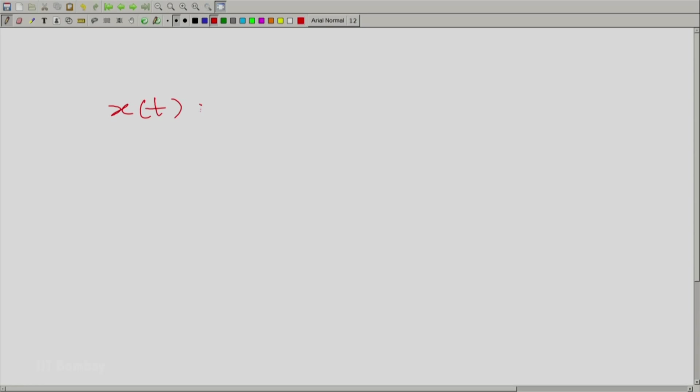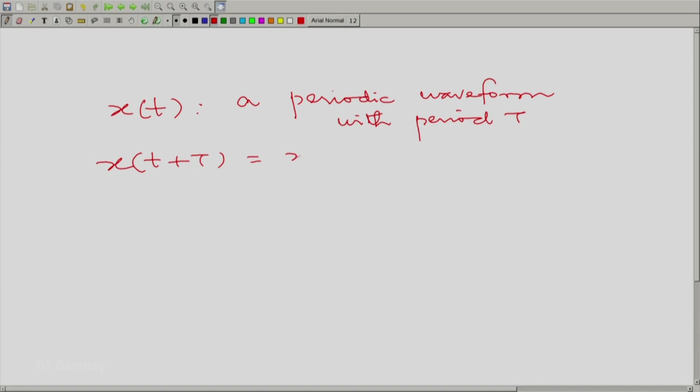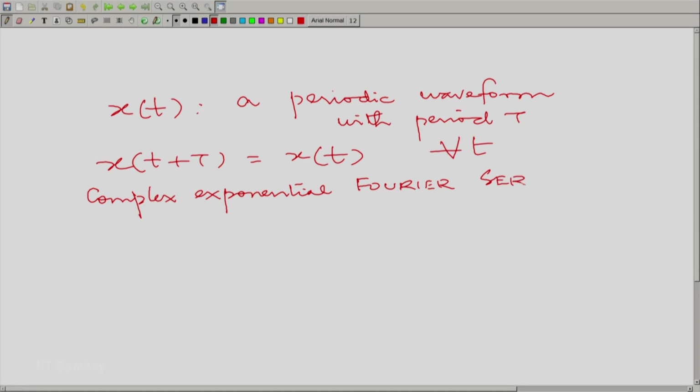Let us write that down. In total, xt, a periodic waveform with period T. The complex exponential decomposition, and we call this a Fourier series decomposition.